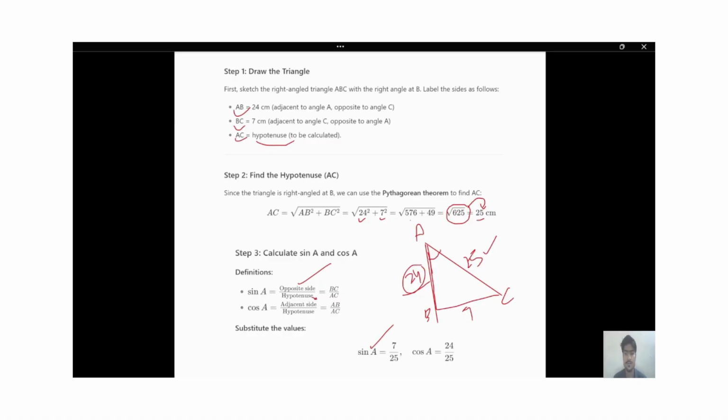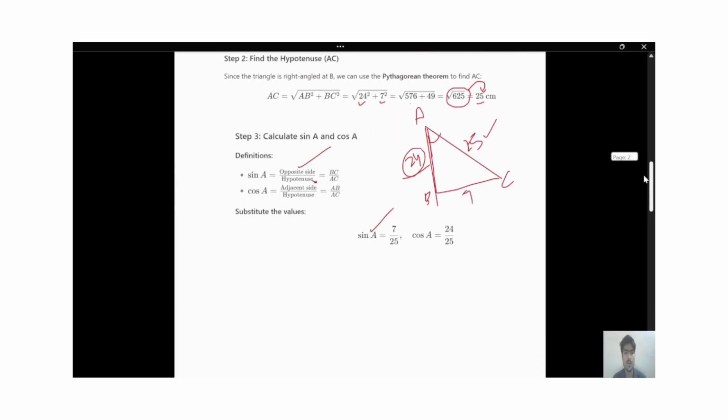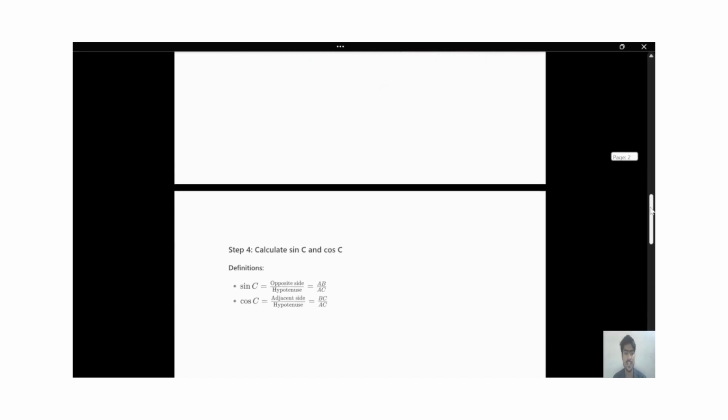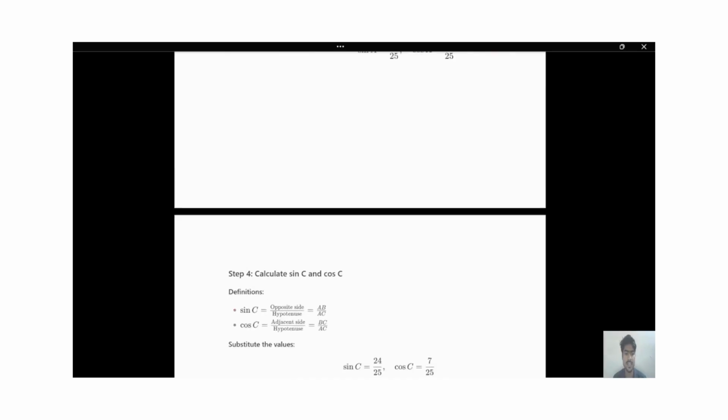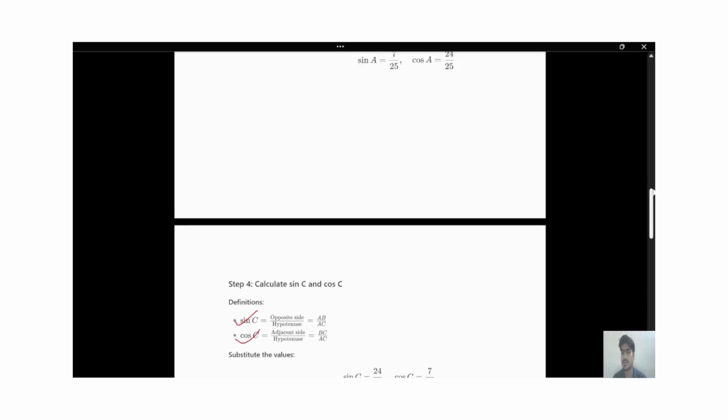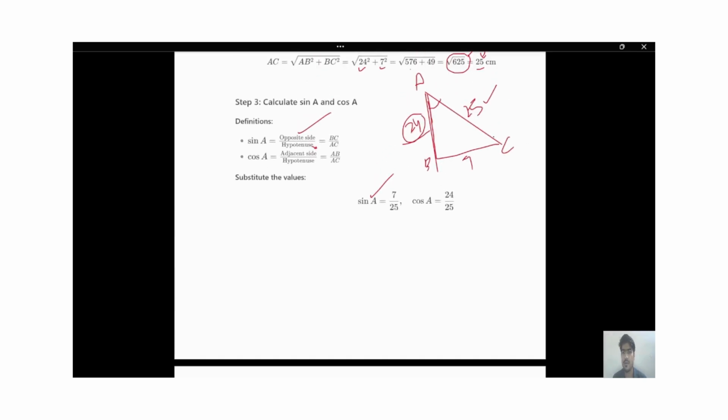Similarly, if the examiner asks us what is the value of sine C and cos C. For sine C, we take the opposite side. The opposite of angle C is AB, that is 24, along with the hypotenuse 25.